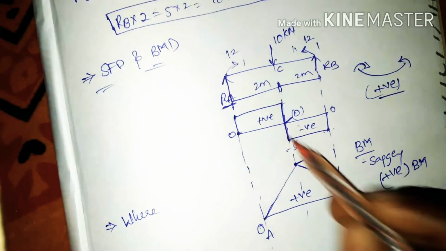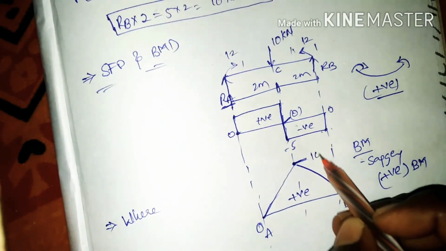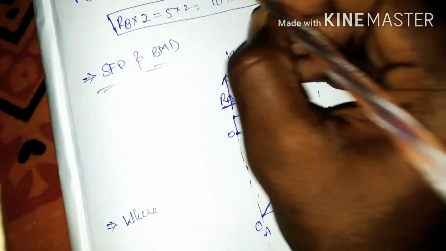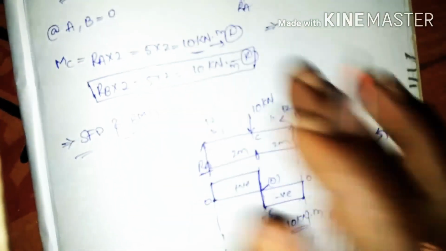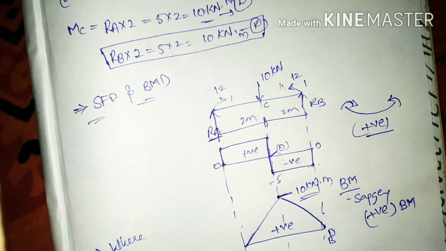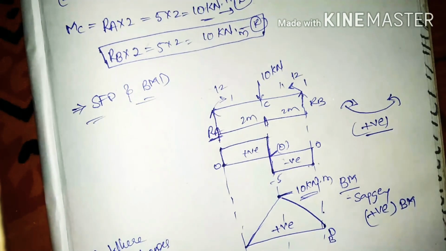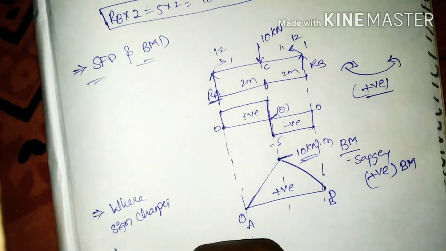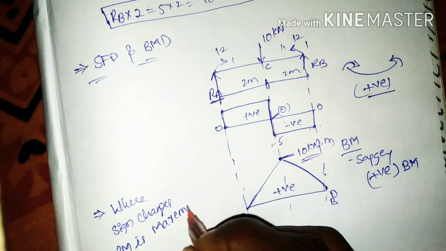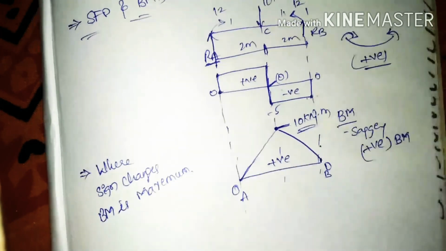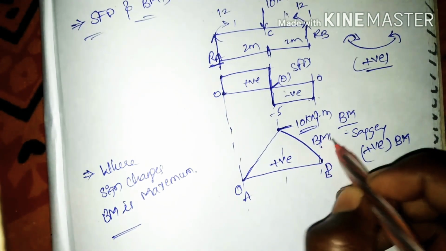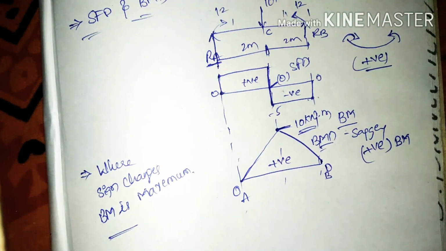Here we have 0, so we get the maximum bending moment of 10 kilonewton-meters. Here itself, where the sign changes, the bending moment is maximum. This is the shear force diagram, and this is the bending moment diagram for the given beam.